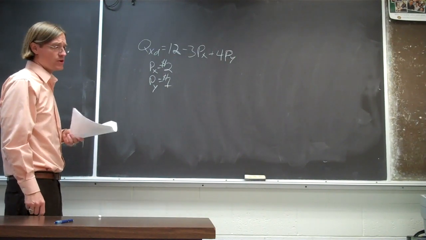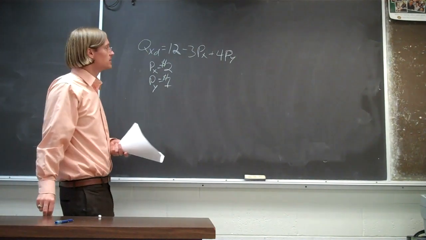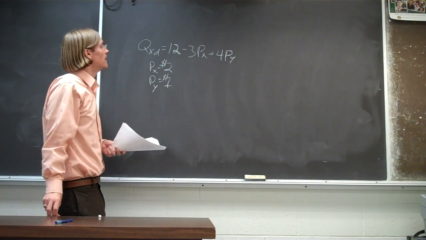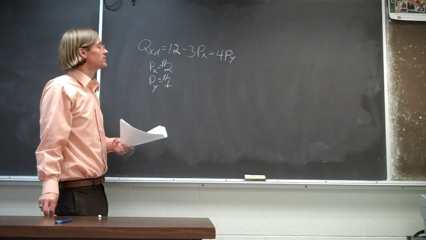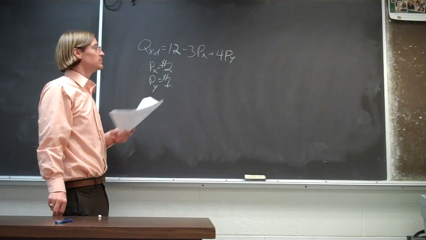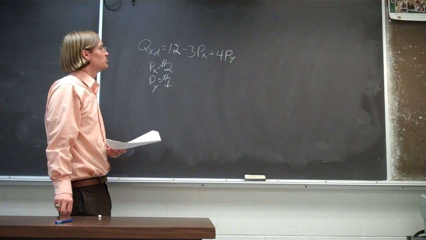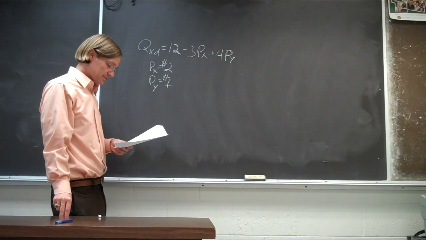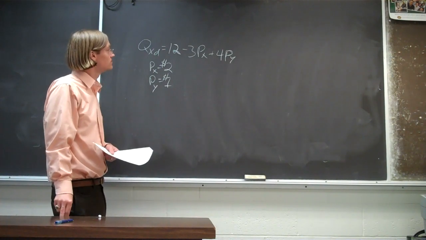Now if we were using calculus, we could do this. We'd take a derivative, set some things equal to 0, and solve. But without using calculus, we're a little bit stuck.